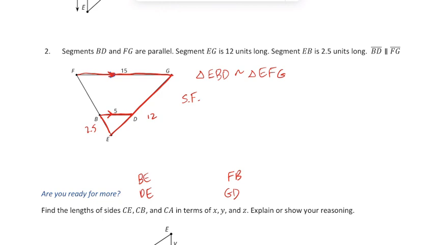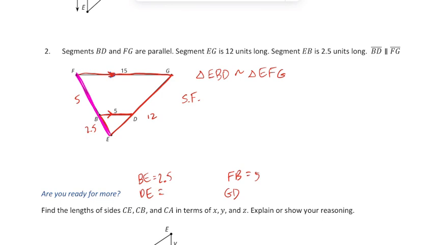So remember, this is a scale factor of 3. So if BE is 2.5, then the entire thing is going to be triple that. So EF is going to be 7.5, which makes BF actually 5. Okay, so BF or FB is 5. EB is given to us, 2.5. We didn't need to find that.